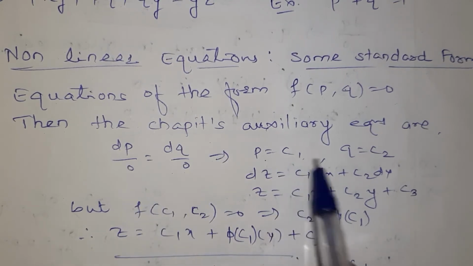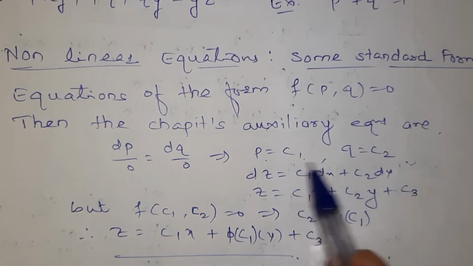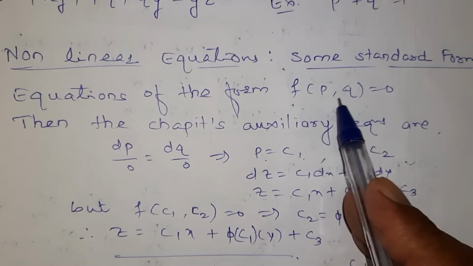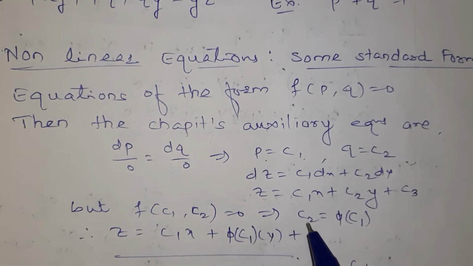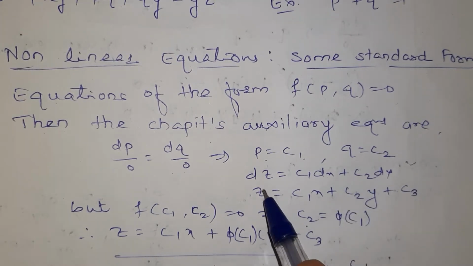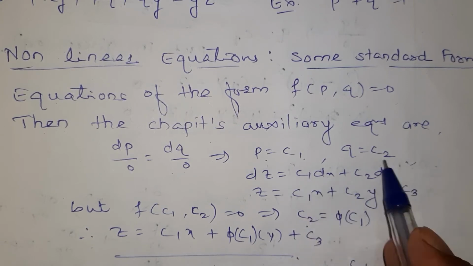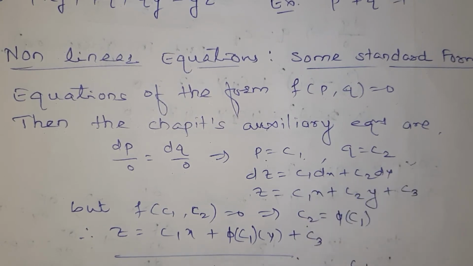So we get p equal to c1, q equal to c2. Put this c1, c2 in your given equation, so f of c1, c2 equal to 0. From that you will get the value of c2 or c1. You may find it in any variable, because they are constants. Now use dz is equal to p dx plus q dy. Put the values of p and q and just integrate, you will get the answer.